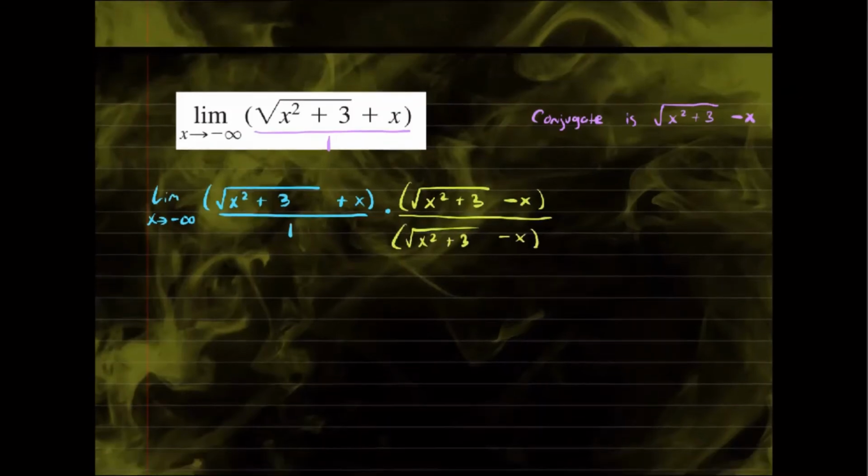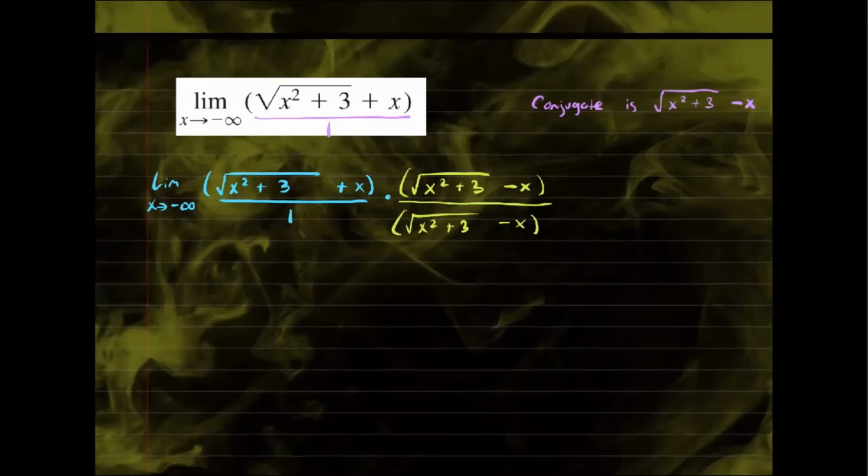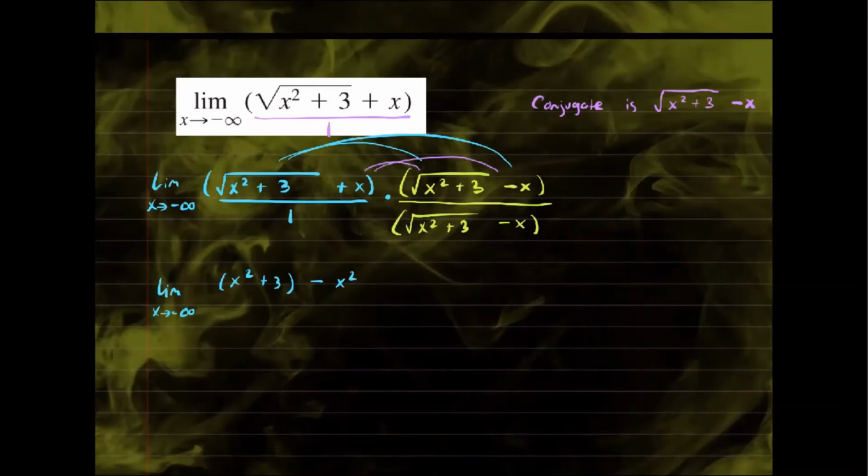Now, once I have multiplied by the conjugate, I simply distribute the top and simplify, and the top will become a difference of two perfect squares. So you'll have x squared plus 3 minus x squared. That's what happens when you distribute this to that, and then similarly this to that.